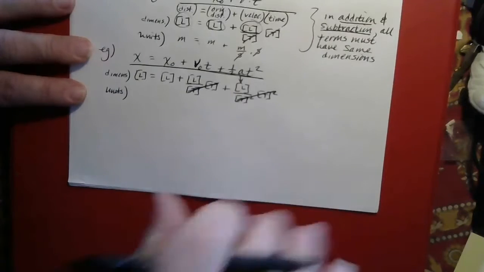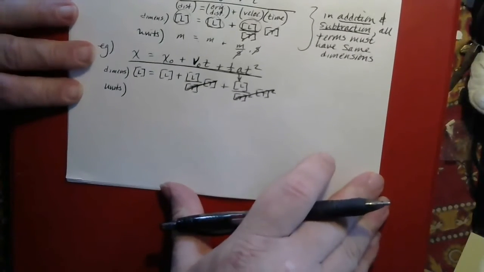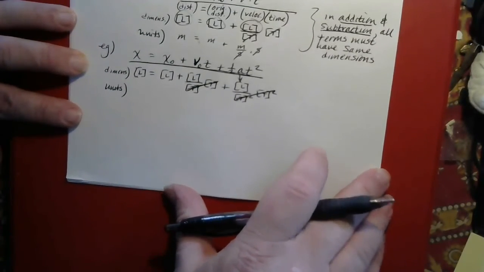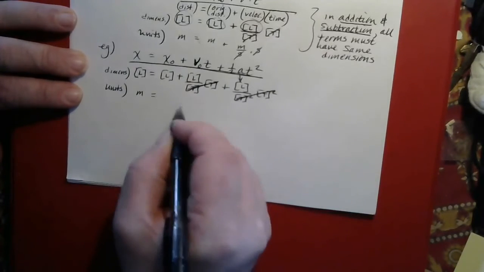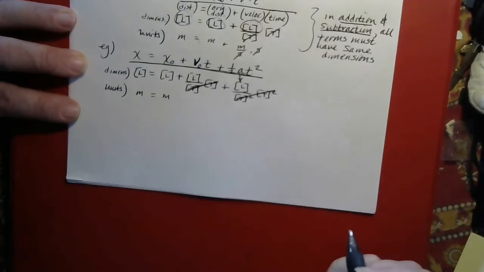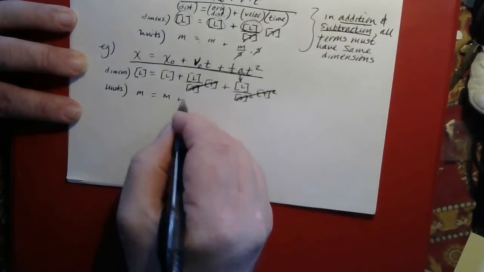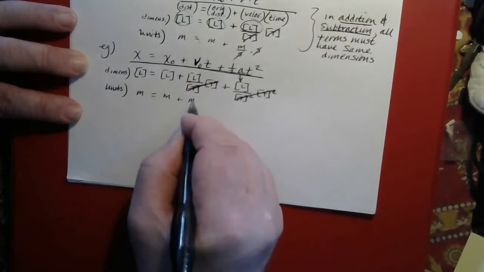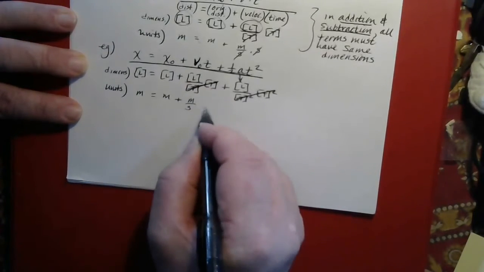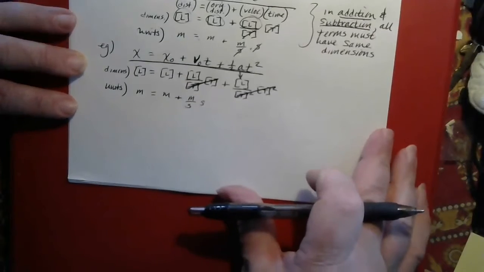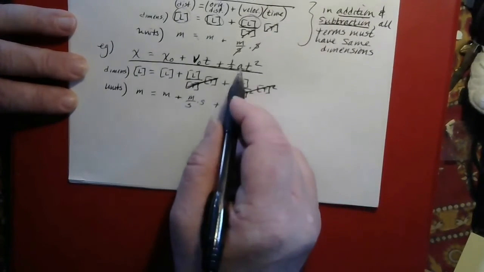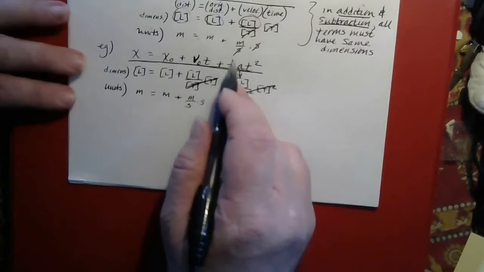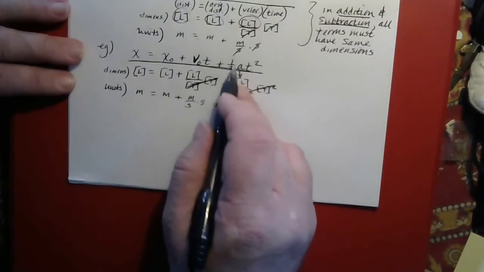For units, again, we can be even more specific with units to make sure that things are really going to work out. The standard unit for length or distance would be meters, and the same for X original. For velocity, the standard unit would be meters per second, and for time, the units would be seconds. There are no units for 1/2 again, because that's just a number.